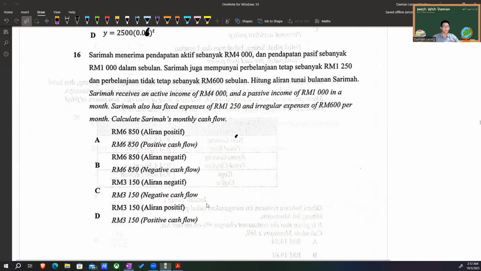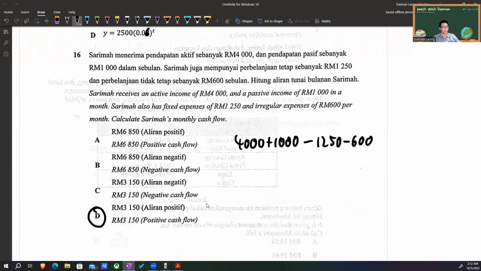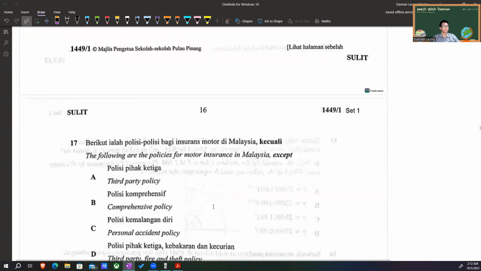It's just add the income, active and passive, minus expenses, whether regular or irregular. 4,000 plus 1,000 minus 1,250 minus 600. So 3,150. It's a positive cash flow because income is more than expense.